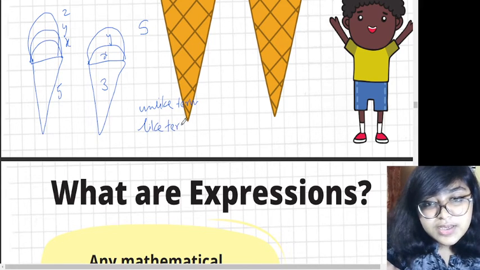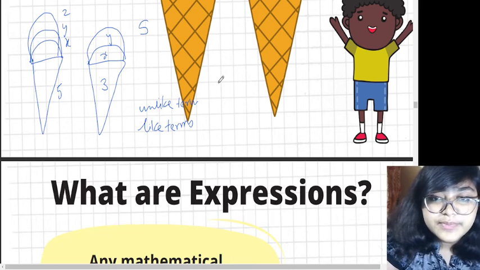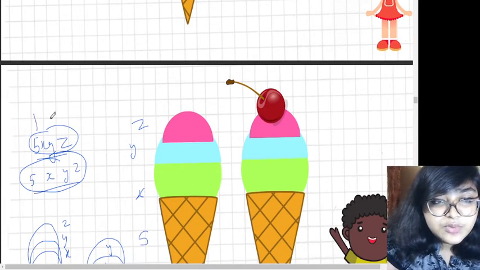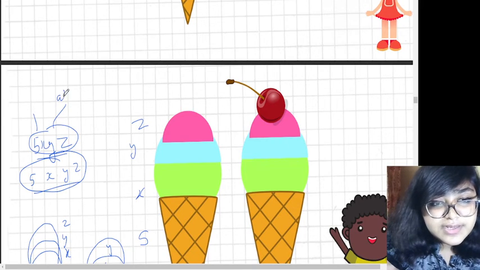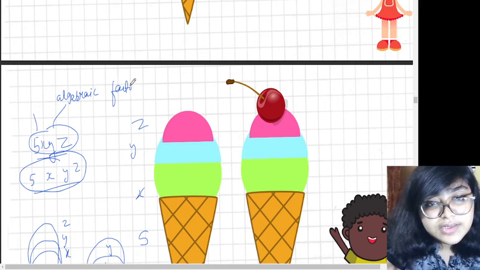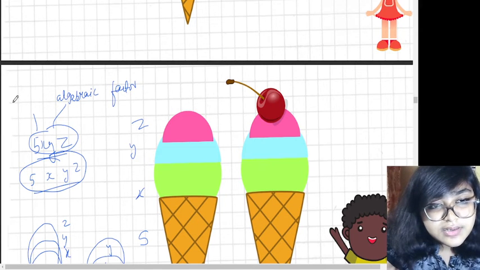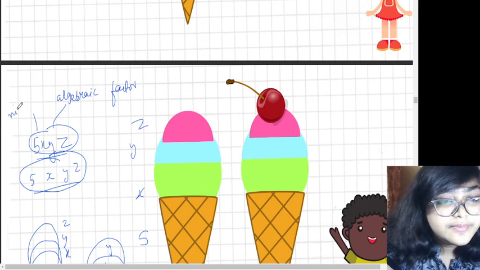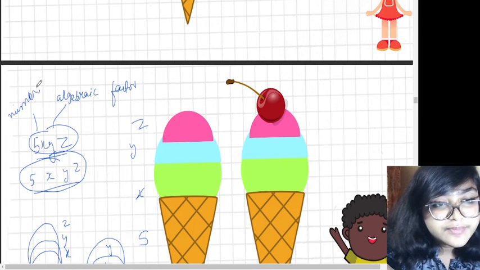As you can see, in these factors that we have discussed earlier, there are 2 types of factors. One was what? Algebraic factors. These are algebraic factors, and this is a numerical factor.